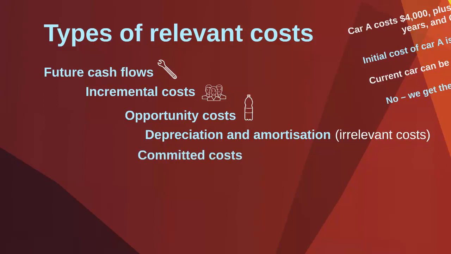Committed costs. Committed costs are costs that have not yet been incurred by the organization, but they will be incurred no matter what we do. Classic example is leasing. Let's say we're going to lease a new factory for 2 years.